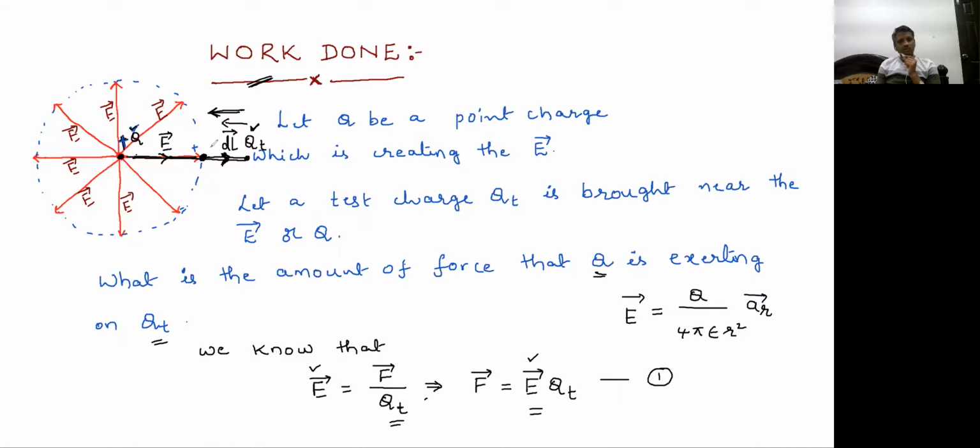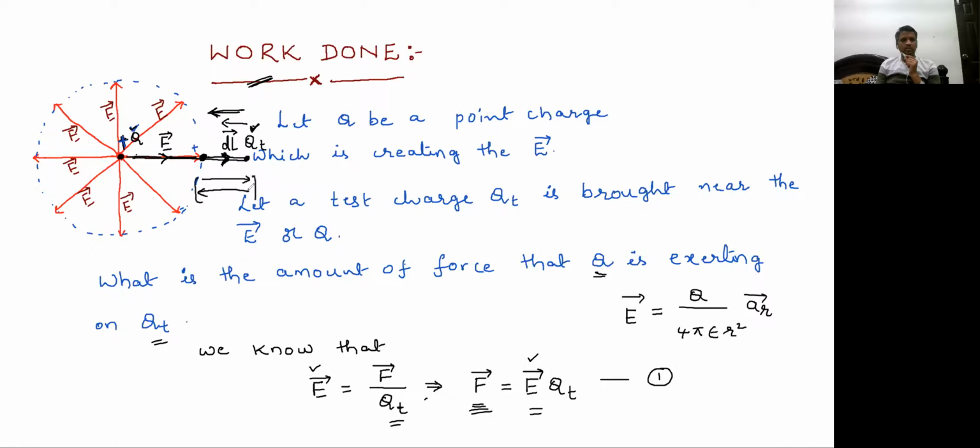This is the same as the amount of force that the electric field has applied on the test charge to move it from this position to the current position. But the force applied by the electric field and the force applied by the external source must be in opposite directions. Both have the same magnitude but opposite direction.